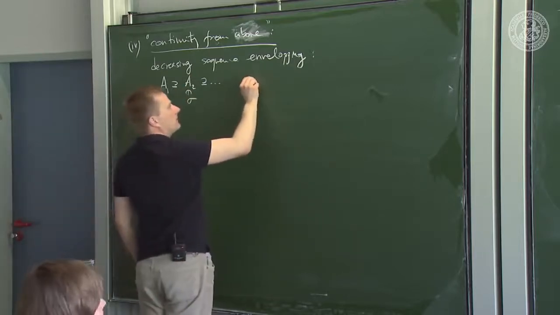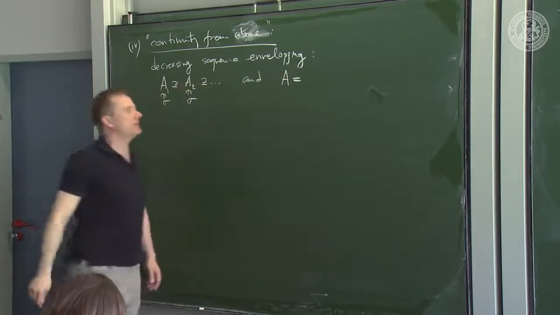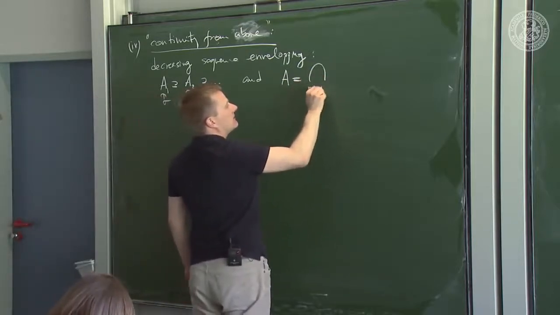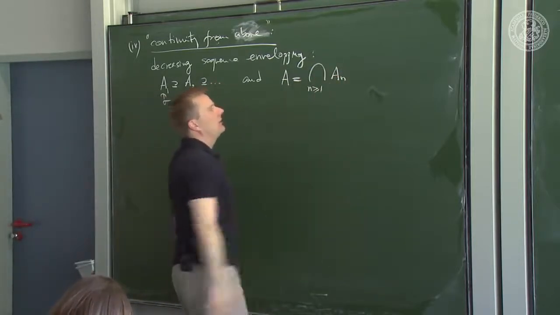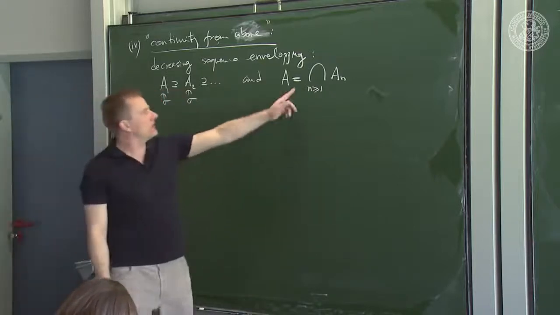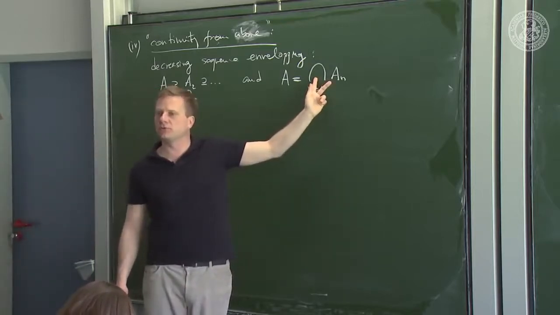If you want, for notation or depending on your perspective on which side of the equation you start, that if you take the intersection of them all, you get A. Now you could more meaningfully ask the question, well, if these are measurable, is the intersection measurable too?